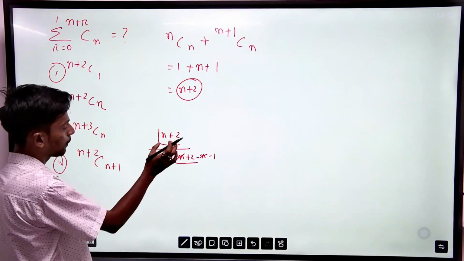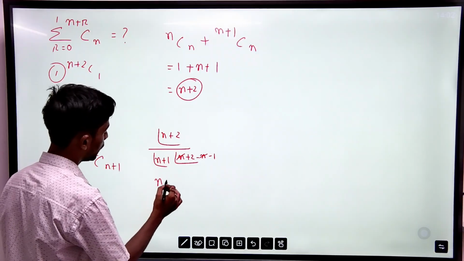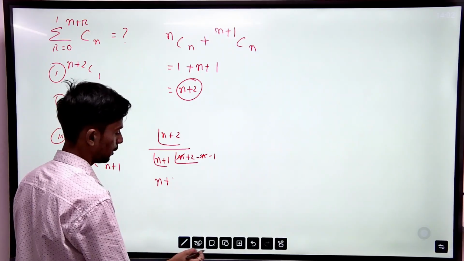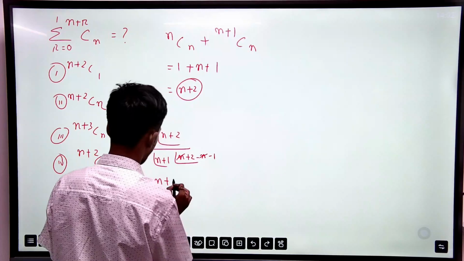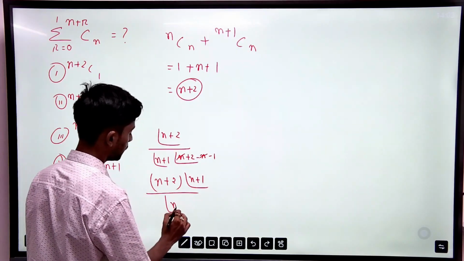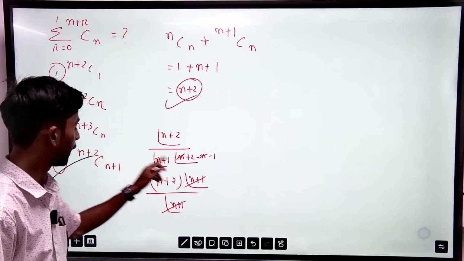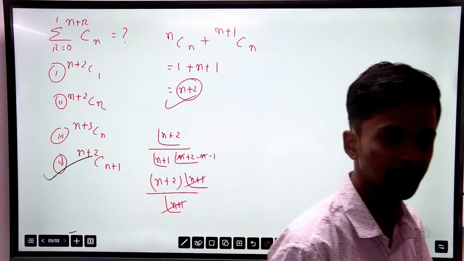So you are basically getting n+2 by n+1. Sorry, one second, (n+2)(n+1) divided by (n+1). So you are getting n+2. So option D will be correct, right?